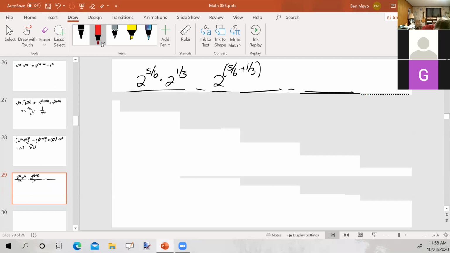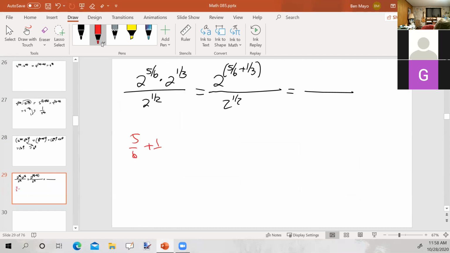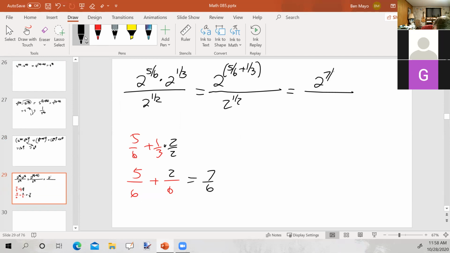To add those, I need a common denominator of 6. So I change the 1/3 to 2/6, which gives me 5/6 plus 2/6 is 7/6. So my exponent in the numerator is 7/6. Haven't done anything to the denominator yet.